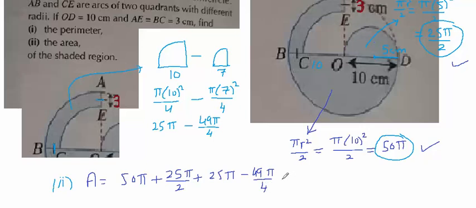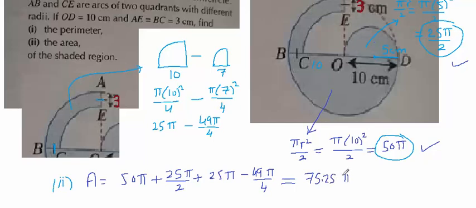So we can give the answer in terms of pi or we can give the answer in decimals. It depends on the requirement. If we want to write the answer in terms of pi, then simply do 50 plus 25 over 2 plus 25 minus 49 over 4 and write pi with that. So it will be 75.25 pi.